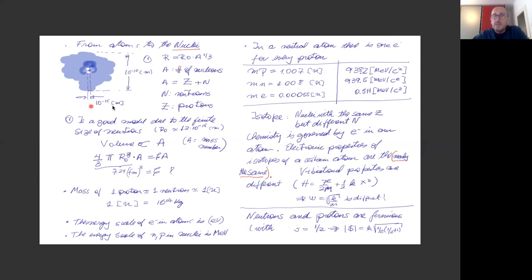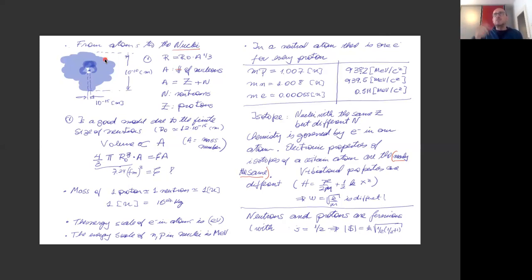Now the size is really very important, and the energy scale is also very important. The energy scale of atoms, the excitation energy or difference between an atom being in one energy state and getting to a different one, is of the order of electron volts: 10 electron volts, 5 electron volts, 2 electron volts.